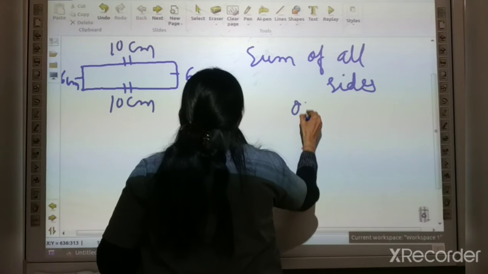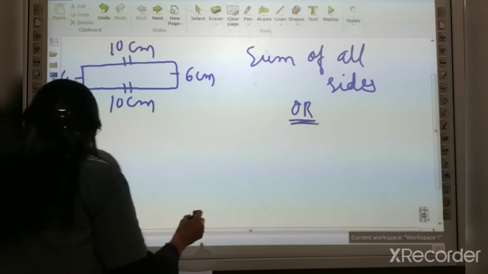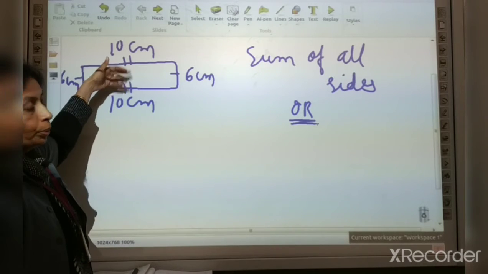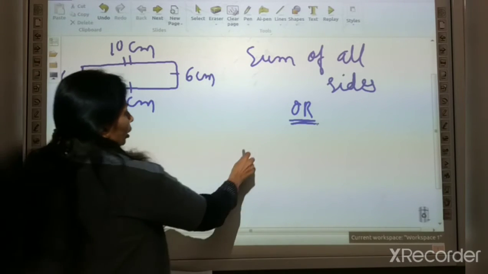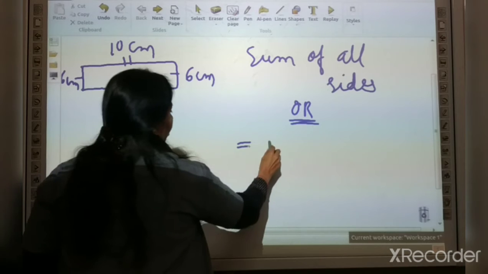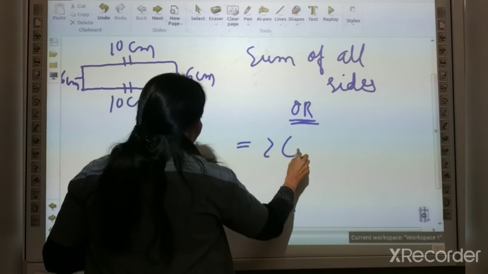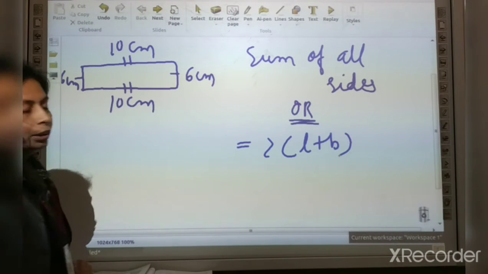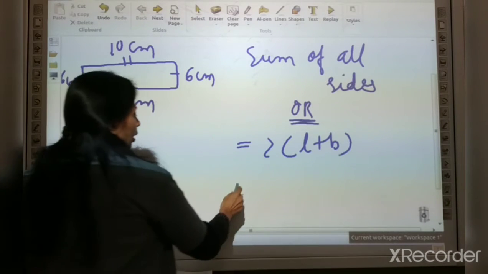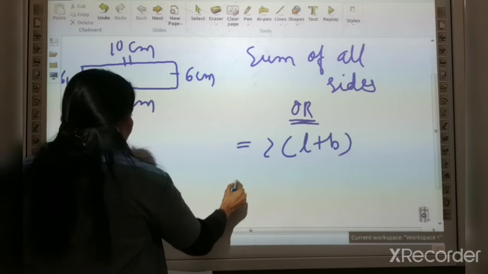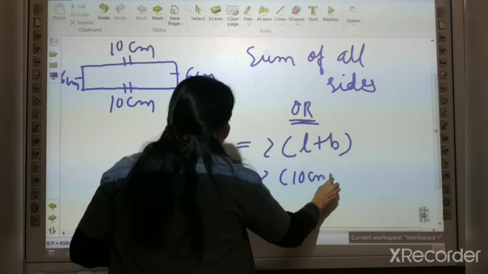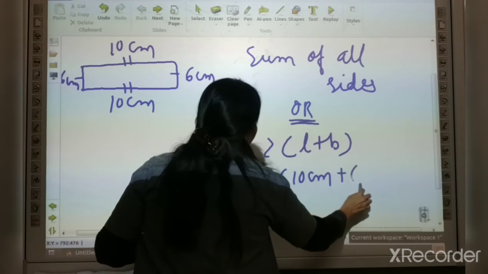Or 2 opposite sides are equal. So here, perimeter of rectangle is 2 into L plus width, right? So length is equal to 10 centimeter plus 6 centimeter.